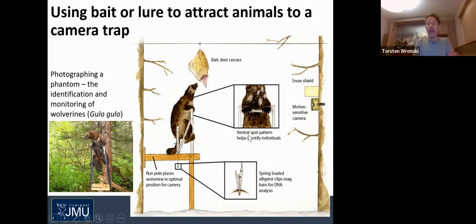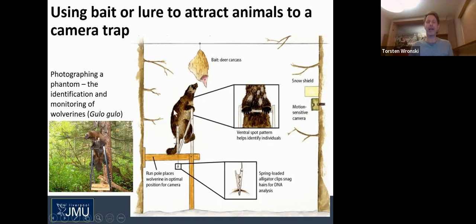Now, as I told you about the advantages and disadvantages of camera trapping technology, I mentioned that often no physical contact to the animal can be obtained, and it is therefore impossible to get hair samples or skin samples or blood samples. So DNA analysis are not possible.